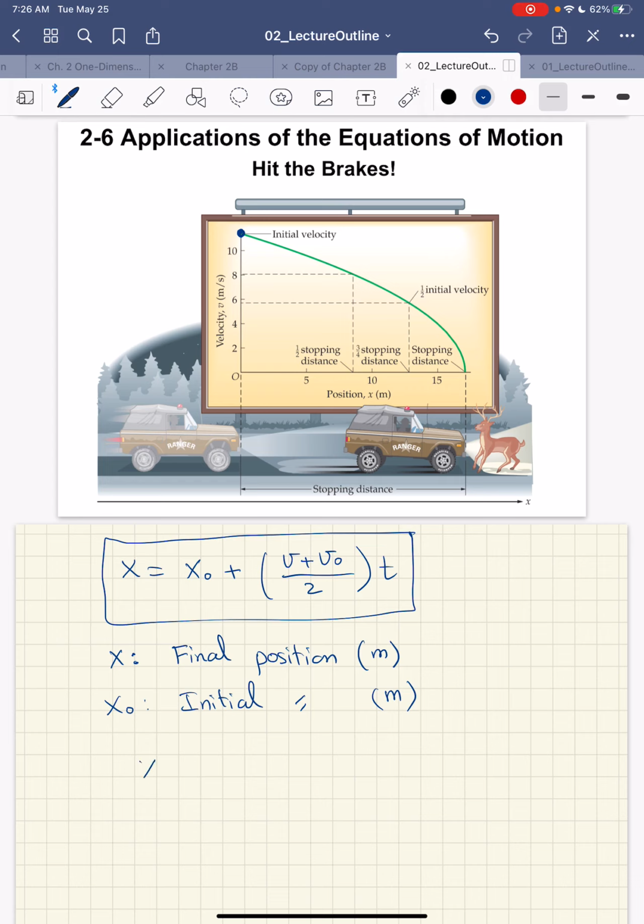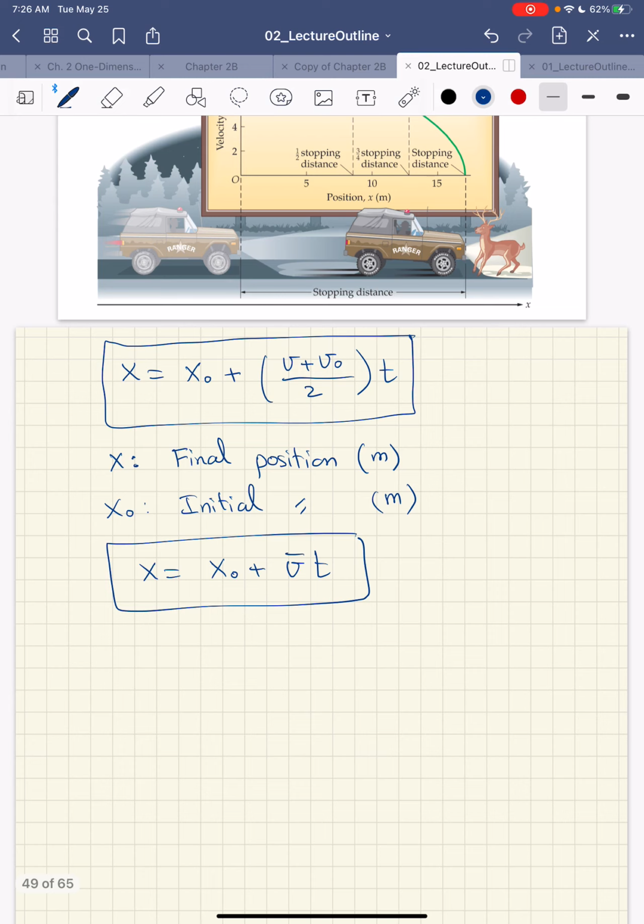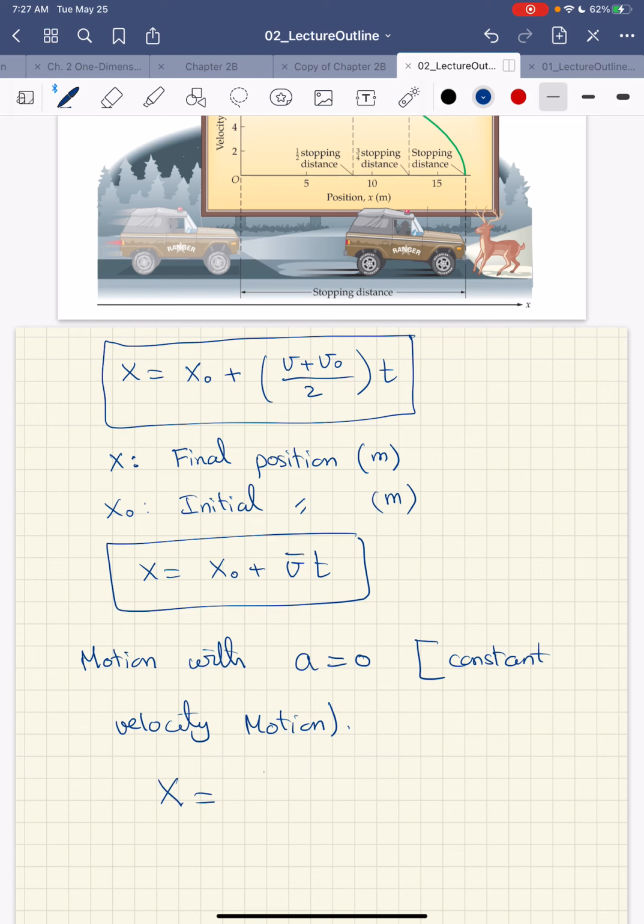Remember also, I can write this as, okay, this is when I have accelerations. And I want you to know that if we have motion with a equals 0, meaning constant velocity motion, then x equals distance divided by time, as easy as that.